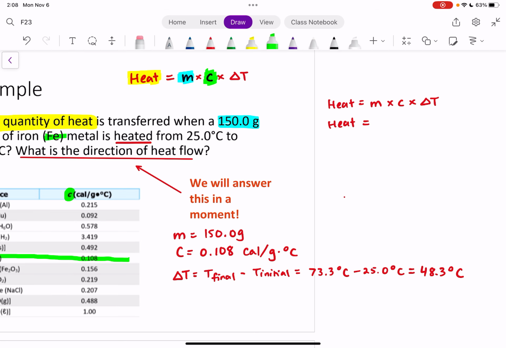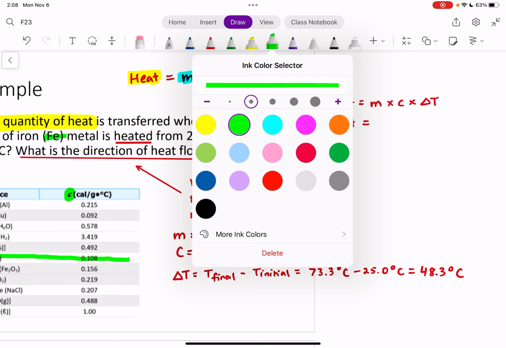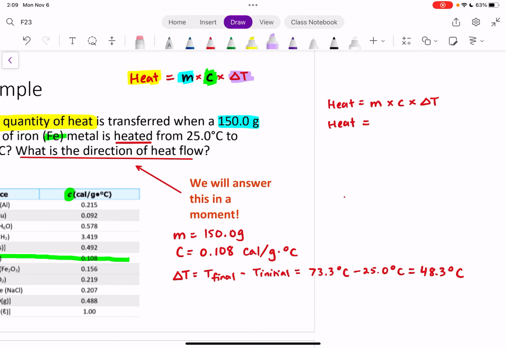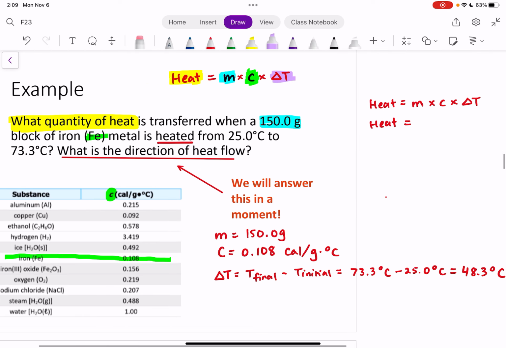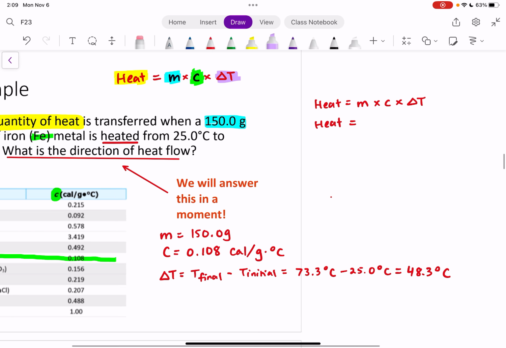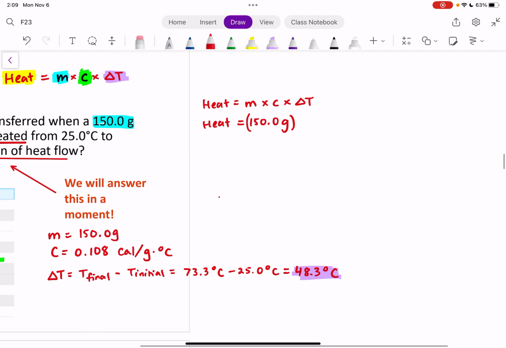Let's give delta T the color purple. All right, so our mass is 150.0 grams. Remember, always keep your units in there. Our specific heat is 0.108 calories per grams times degrees Celsius.